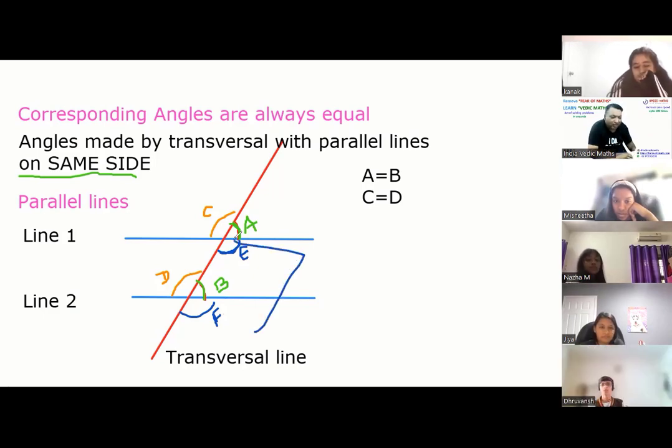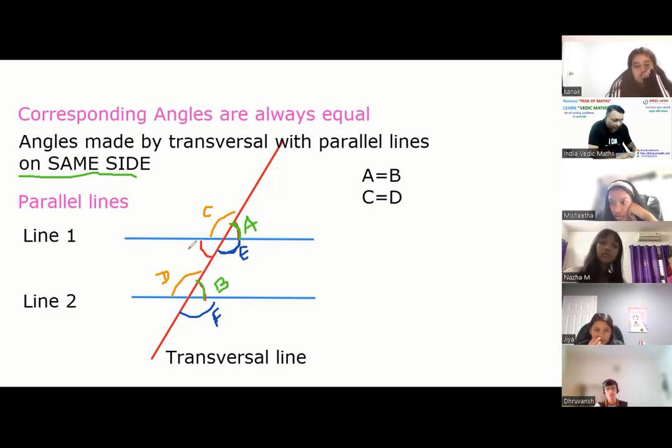And lastly, let me choose another red color, and tell me Naja, if I draw this angle, say G, and this angle H, are they corresponding or not, and why?